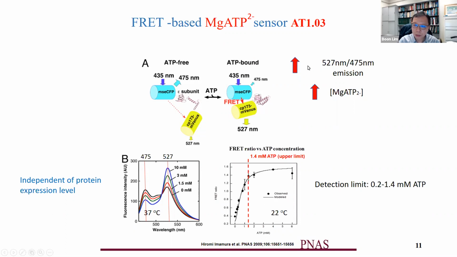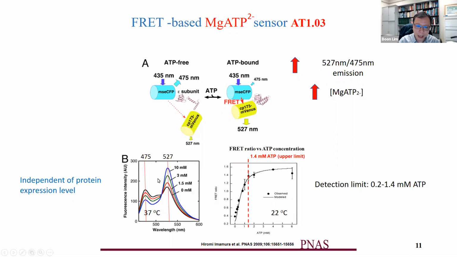This ratio will increase when the ATP level is high, but when there's low ATP, the distance will be further, and so the emission at 475 will be higher. So if we look at the emission at these two wavelengths, we can see that when there is more ATP, the emission at 527 will increase, whereas the emission at 475 will decrease.